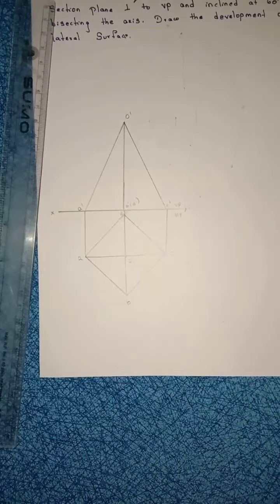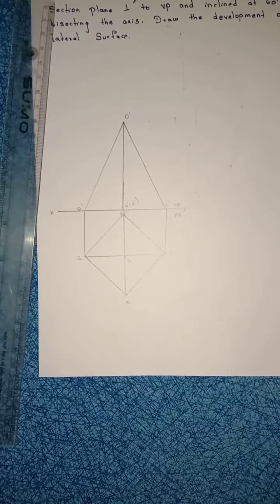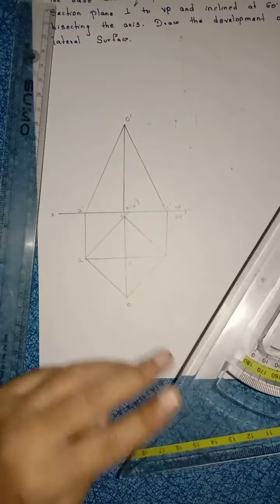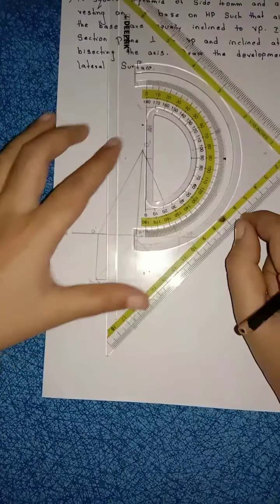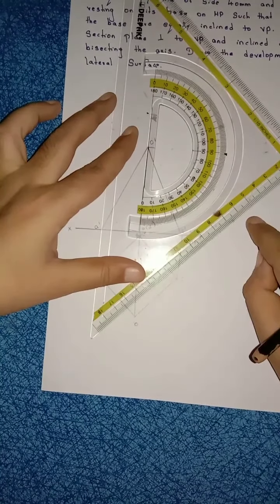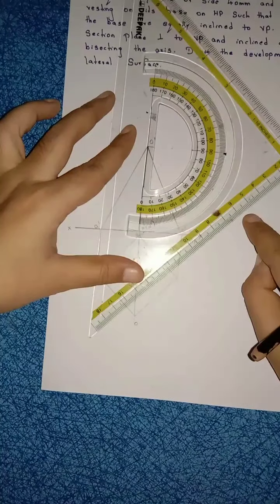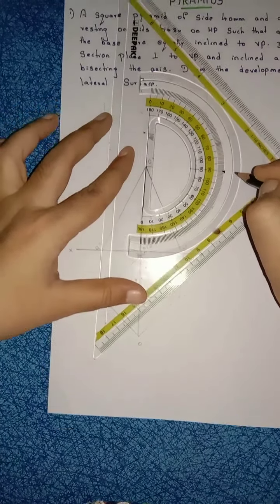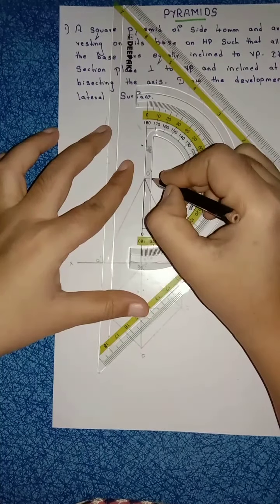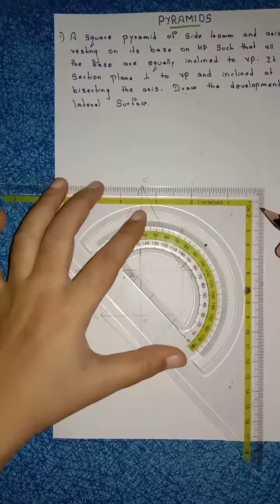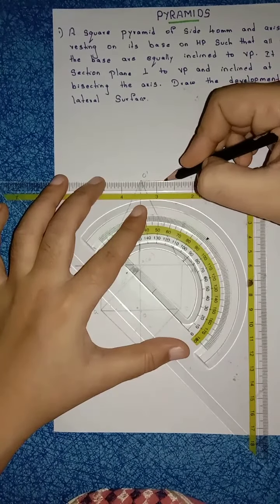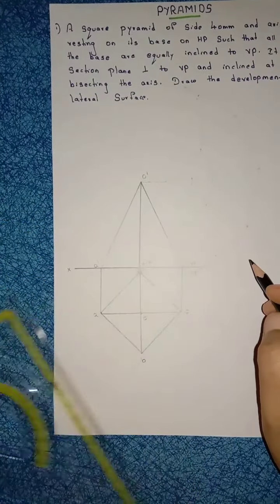Right, now you have to construct the development of this square pyramid first. How to construct the development? Take your protractor, place your protractor on point O dash like this. Mark exactly 90 degrees. Now through that point, just draw a small line of any length, 90 degrees.